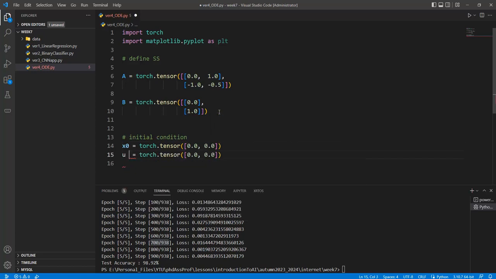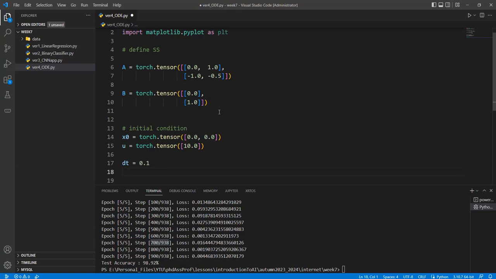And also we can give the u value here with 10 newtons of force. Also we need to give dt 0.1. This is the time step, 100 milliseconds. And we can give num steps here, 100.